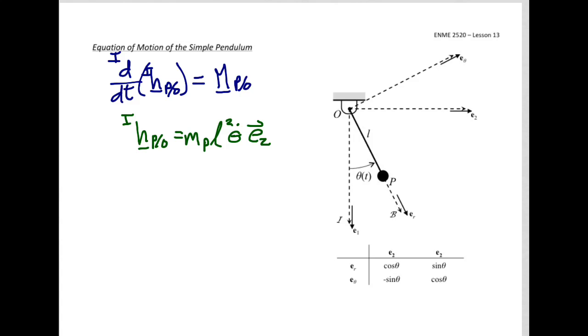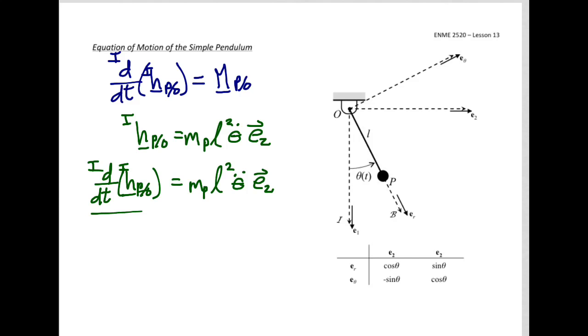To finish out the left-hand side, we need to take the time derivative of this quantity as observed in the inertial reference frame. When we take the time derivative, we simply get our constant mass, our constant length squared, and then the time derivative of theta dot gives theta double dot, in the EZ direction. And so our left-hand side is complete.